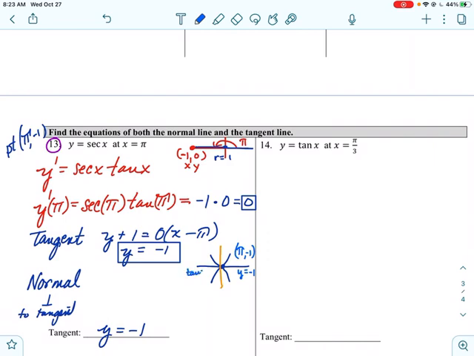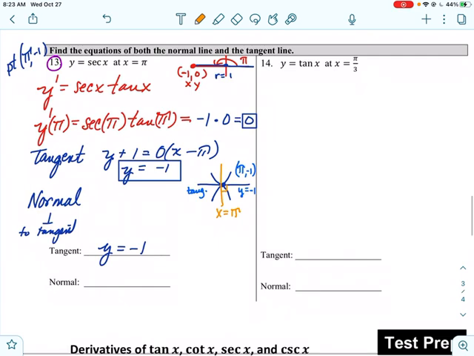So this orange line must be x is equal to pi, since they are perpendicular, because we know that here the slope is 0, and here the slope is undefined. The reciprocal of 0 is going to be undefined. I forgot to write the x is equal to pi.